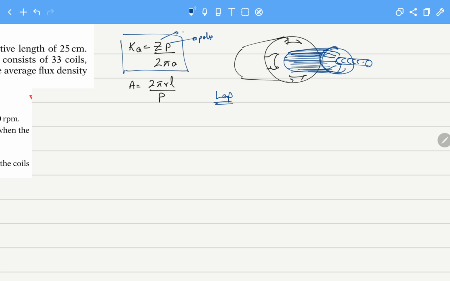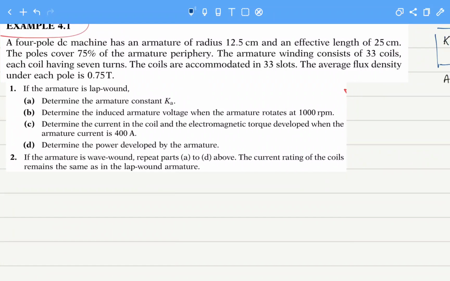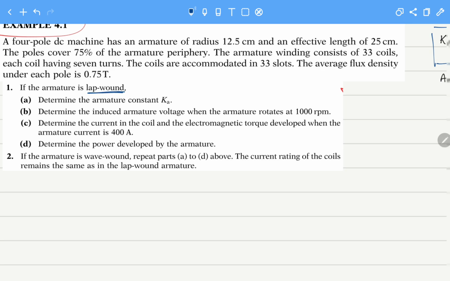We also have a critical constant A that is calculated on the basis of the type of winding in the machine. So for the lap winding, let's consider our case. Determine the armature constant Ka for a lap wound machine.